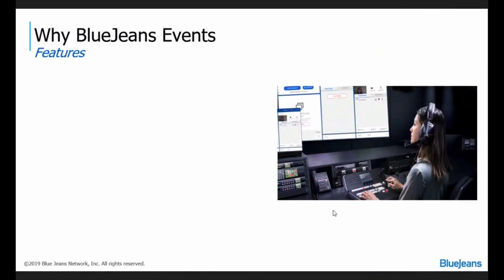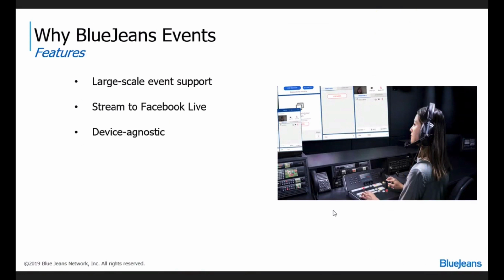So let's go over some of our key features. Why BlueJeans Events? Well, first we have large-scale event support. You can have up to 15,000 participants in your meeting. You can also stream to Facebook Live, giving you the opportunity to have actually millions more view your event. We have device agnostic. That simply means that we are very compatible. So you can join from any video-enabled room, computer, or mobile device, and you actually do not have to download the app to do so.